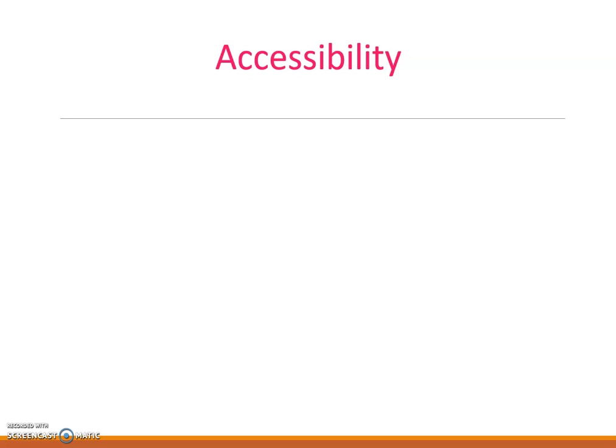Next component of digital learning is accessibility. Canvas has a lot of ways for you to make sure that your content is available, and of course your feedback and your supervision as well as your presence in an online course or digital learning is consistent.